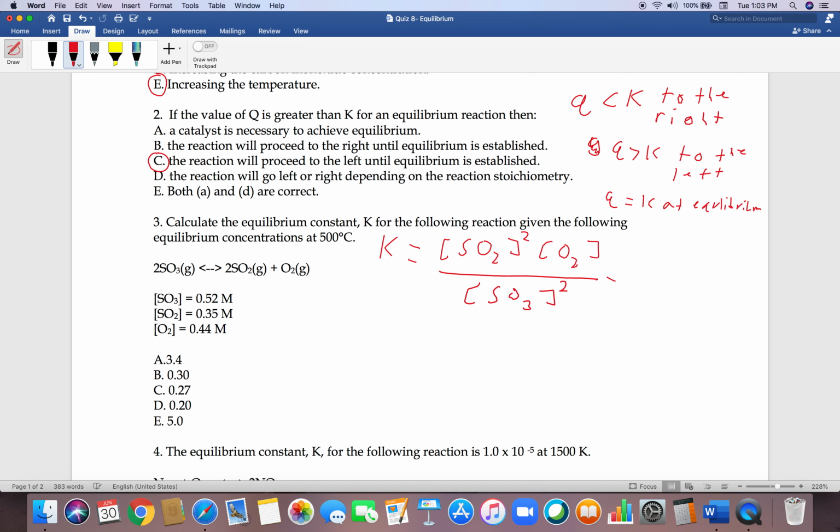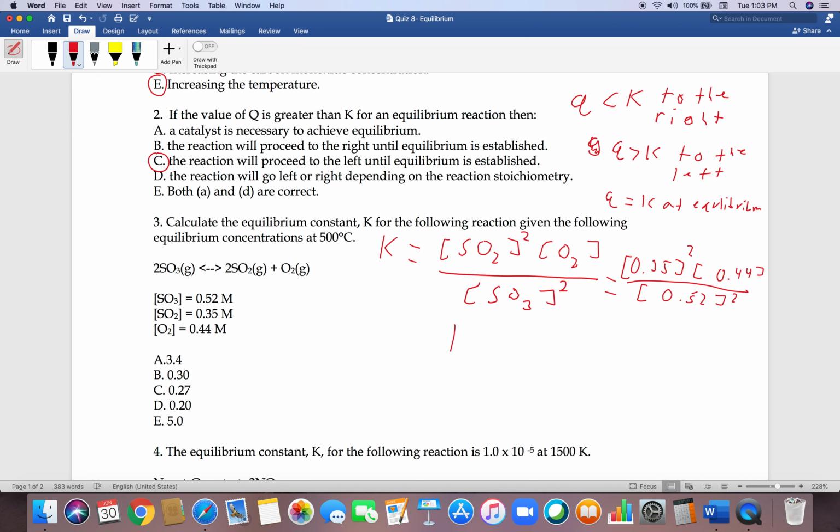So when we write this as a fraction here, we would take the value for SO2, which is 0.35, and we would square that, multiply that by the value for oxygen, which is 0.44, and divide that by the value for sulfur trioxide squared, and that's 0.52 squared.